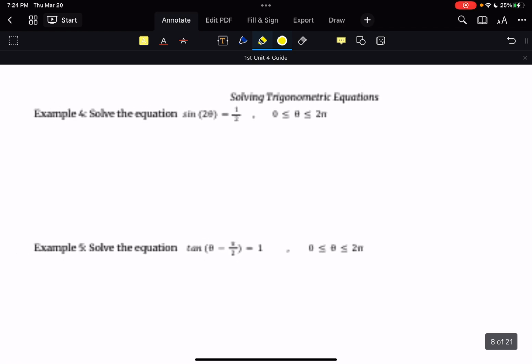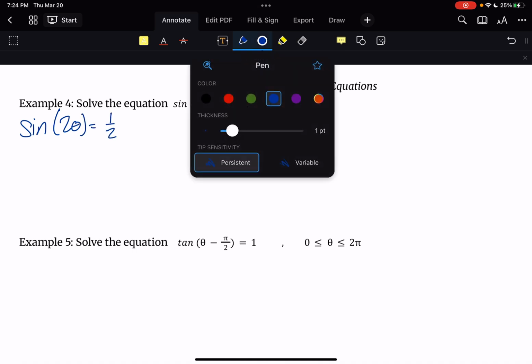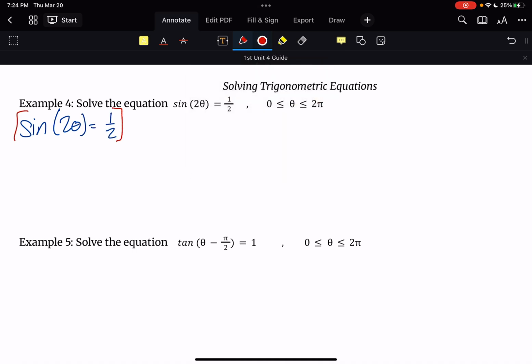Okay, going on to my next one. I have sine of 2 theta is equal to 1/2. So I know, again, sine is already isolated, so I can start by taking the inverse of both sides. So now I have 2 theta is equal to inverse sine of 1/2.